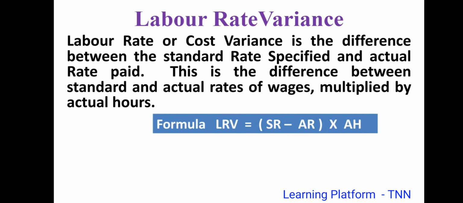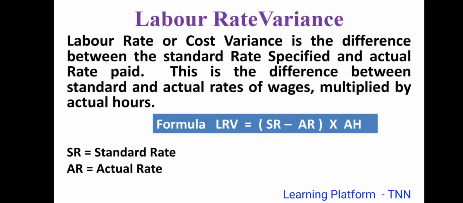So labor rate variance is the comparison between the standard or budgeted rate and the actual rate. The formula is also very simple: labor rate variance is equal to standard rate minus actual rate, and this difference is multiplied by the actual hours. Then we'll get the labor rate variance.